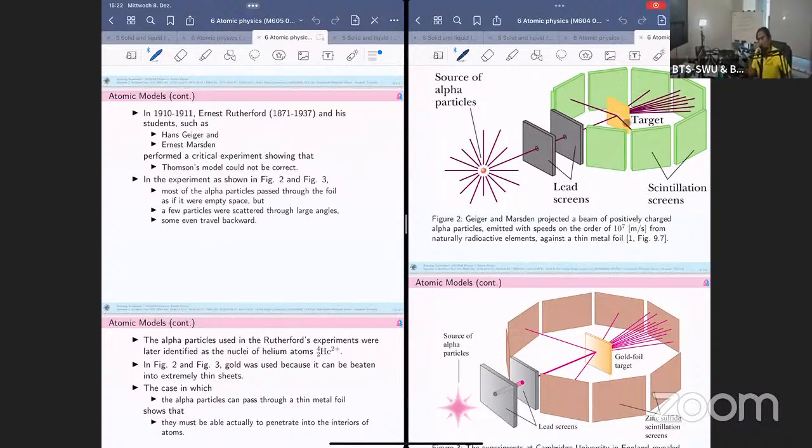In order to observe the atom, we need any piece of metal, or not only metal, any kind of object that should be very, very thin, extremely thin. And gold is one of the metals that could be prepared in a very, very thin form. Yeah, gold was chosen at that time.